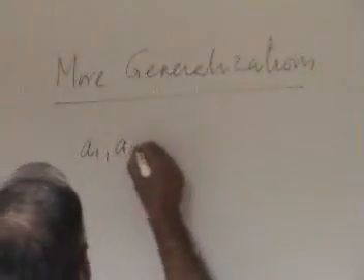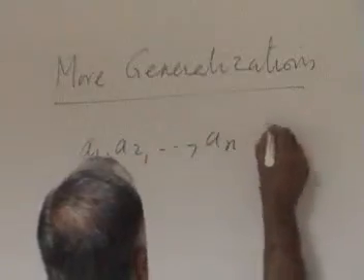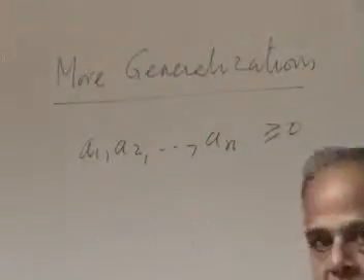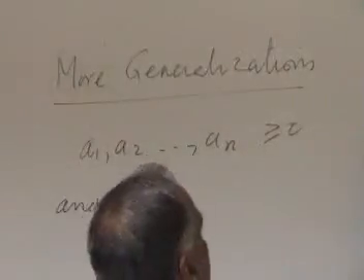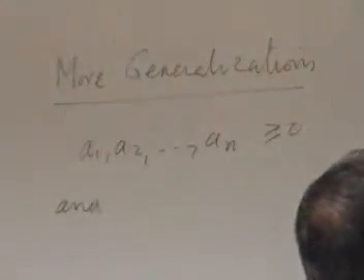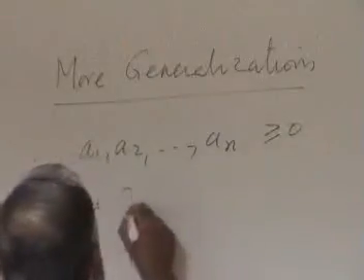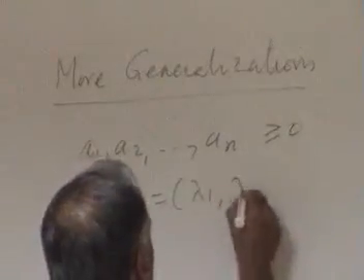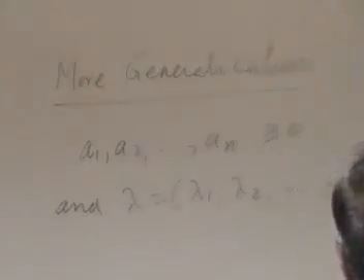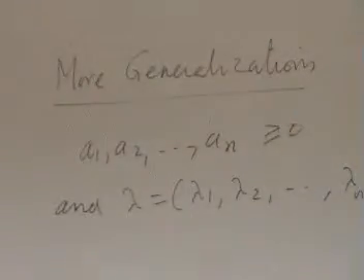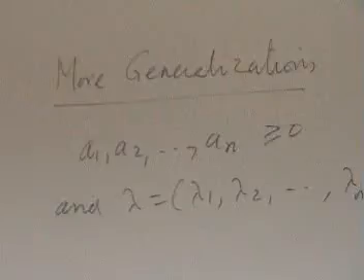So suppose I have A1, A2, etc., An, n non-negative numbers, and I will call it A, and lambda equal to lambda 1, lambda 2, lambda n, such that the lambdas are all between 0 and 1 and they add up to 1. It's like a probability distribution.